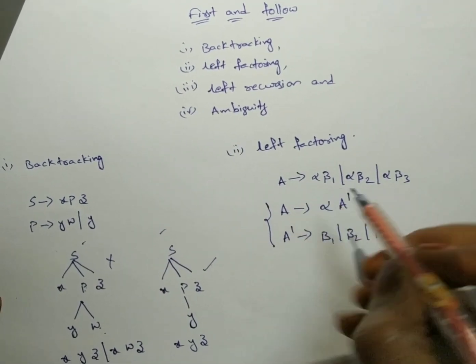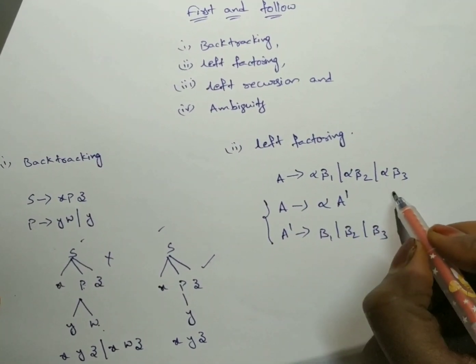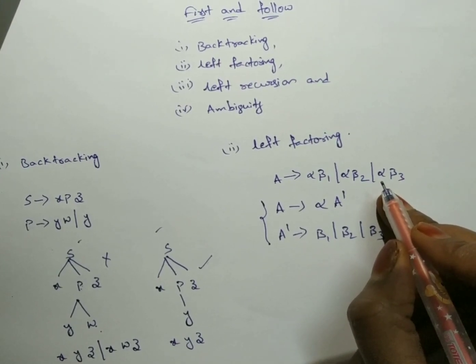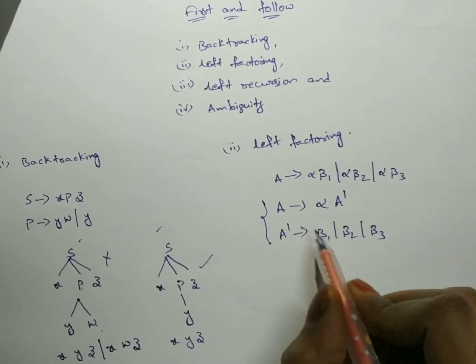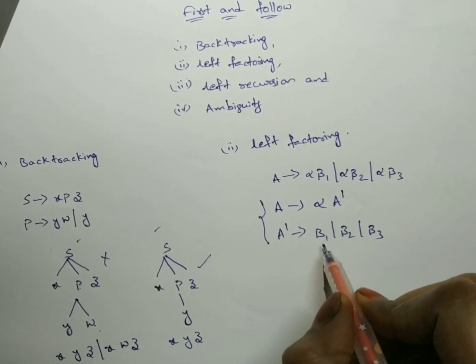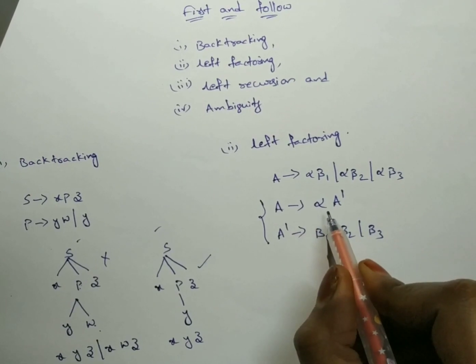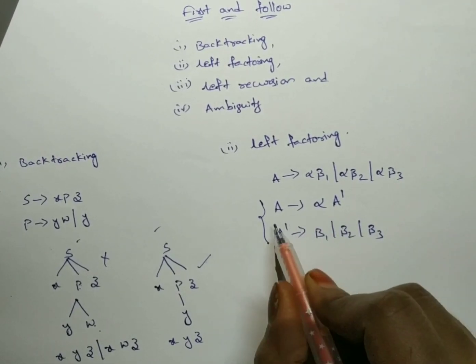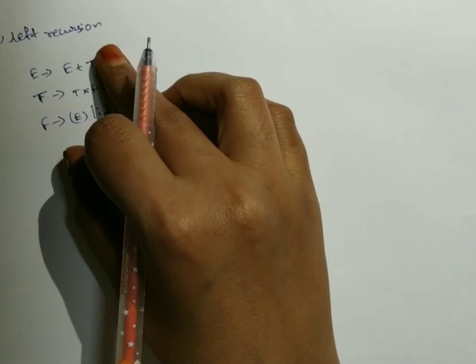So this is the grammar which we have obtained after eliminating the left factoring condition. You can choose any one of these: A derives alpha beta 1, or A derives alpha beta 2, or A derives alpha beta 3. The third condition is left recursion.